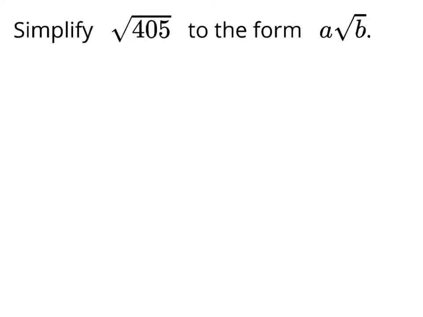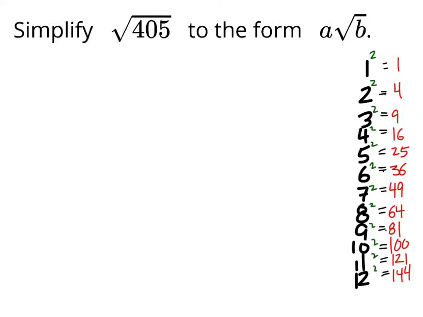Alright, so for this one, let's take a look at the perfect squares. So there they are on the right. So again, I'm going to look at factor pairs for 405, and of course 1 and 405 works, but we're not really interested in 1 being one of the factor pairs, unless there's no other factors of 405 that are perfect squares.